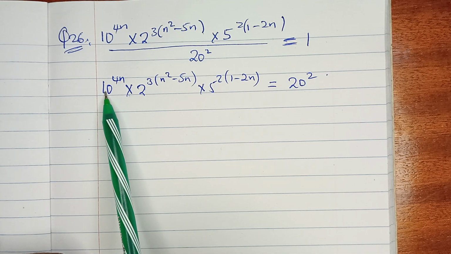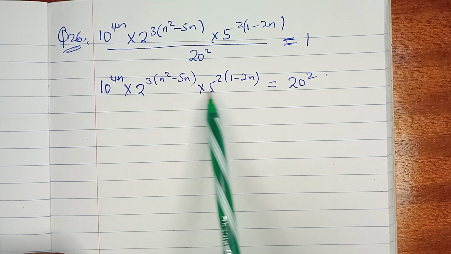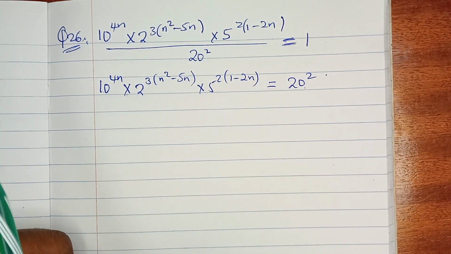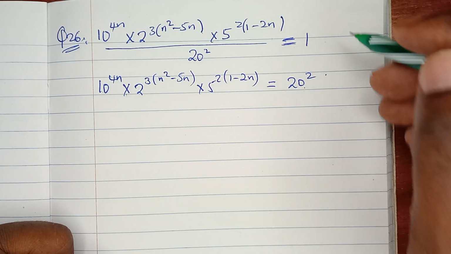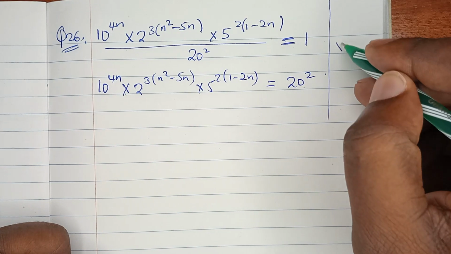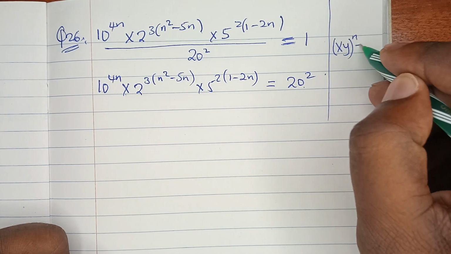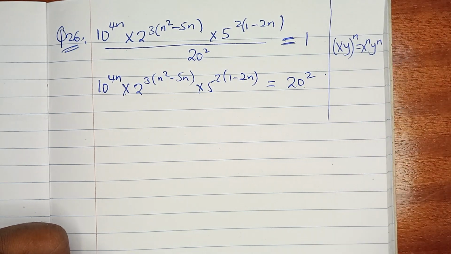It can be written in terms of 2 times 5. This is a 2, this is a 5, this is a 20, and I believe we can also write it in terms of 2 and 5 as prime factors. So I may want to use the fact that x times y raised to power n is the same as x raised to power n times y raised to power n.